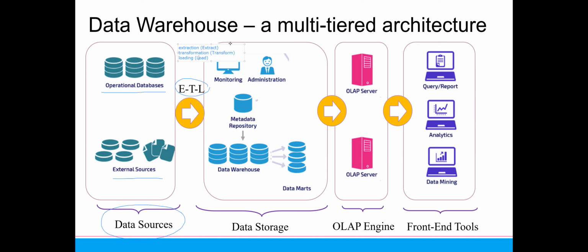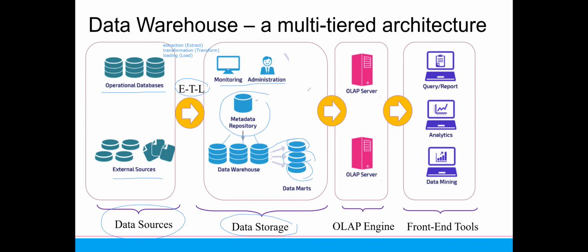E is from extract, T is from transform, and L is from load. After we do the ETL, we will have the data storage, and based on the monitoring and administration, there will be a metadata repository to handle the data warehouse. In the data warehouse, there will be smaller data, which we call data marts.